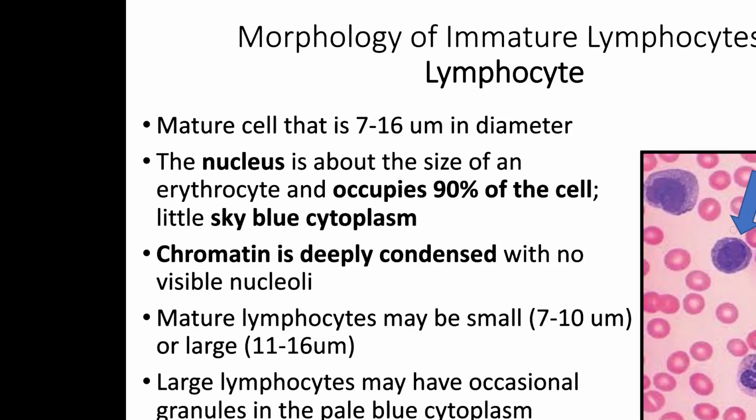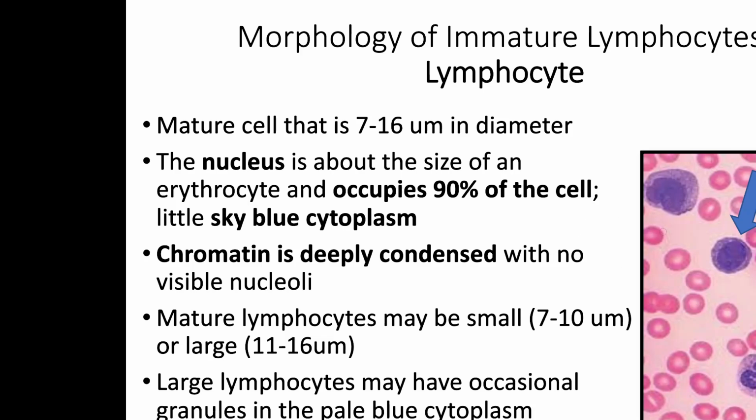Lymphocytes, and this is a very classic photo of a lymphocyte. They are usually on the smaller end, but they can be slightly larger than this. The nucleus, a lot of people like to say, especially in a small lymphocyte, is about the same size as a red cell, but I would argue that this lymphocyte is slightly larger than normal.